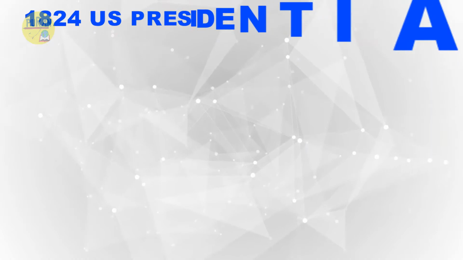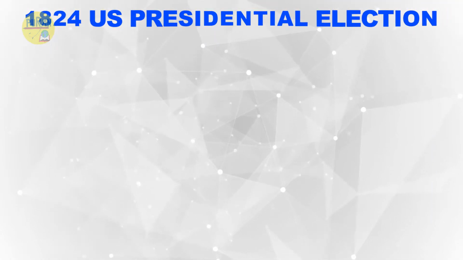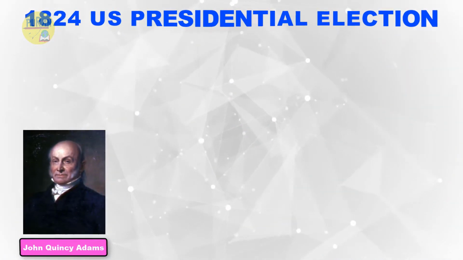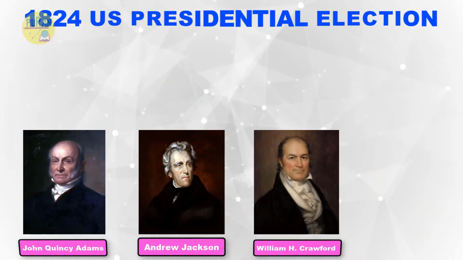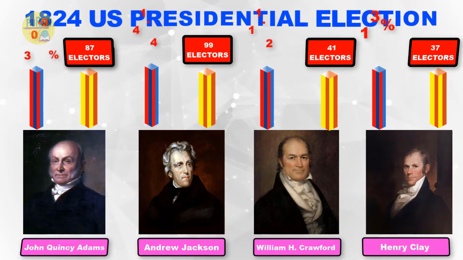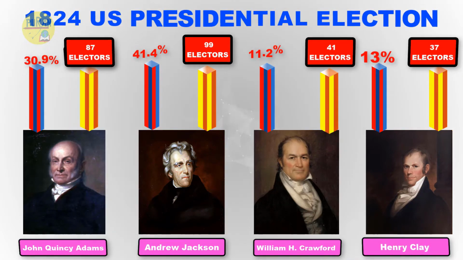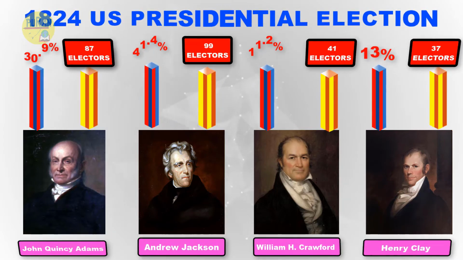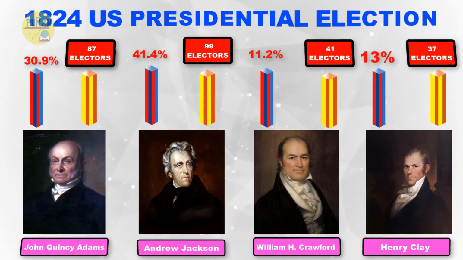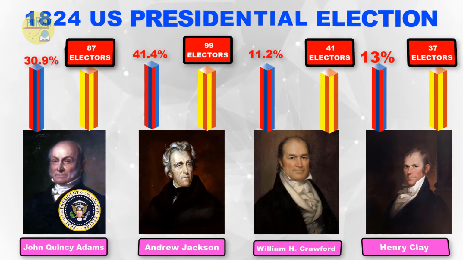In the 1824 US presidential election, none of the presidential candidates, John Quincy Adams, Andrew Jackson, William H. Crawford, Henry Clay, secured the majority electoral vote, but Andrew Jackson got most electoral and popular vote, but House of Representatives chose John Quincy Adams as the President of the United States of America.